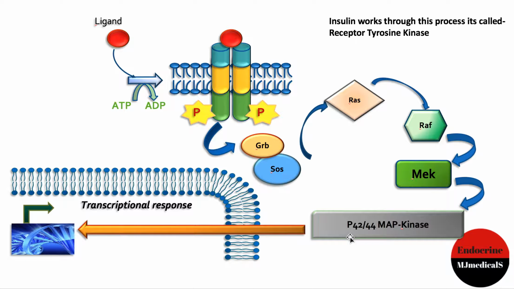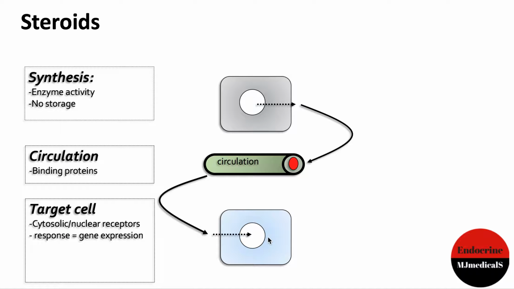Now, once MAP kinase is formed, they then travel across the nuclear membrane and into the nucleus, where it causes a transcriptional response to bring about biological responses.